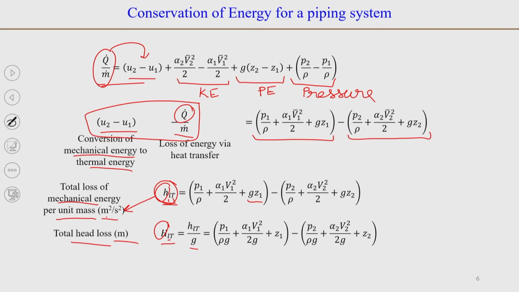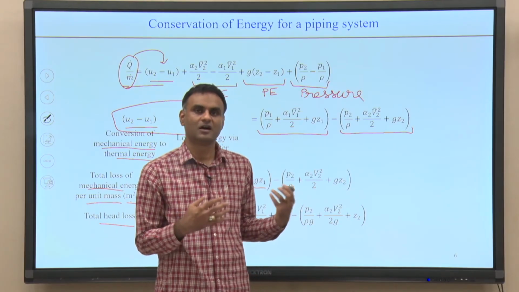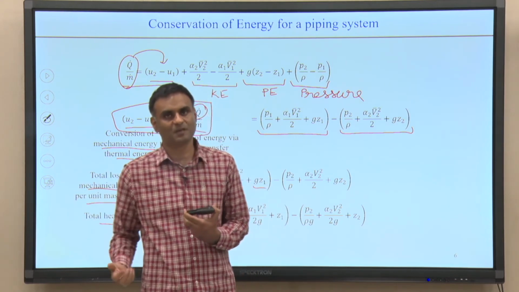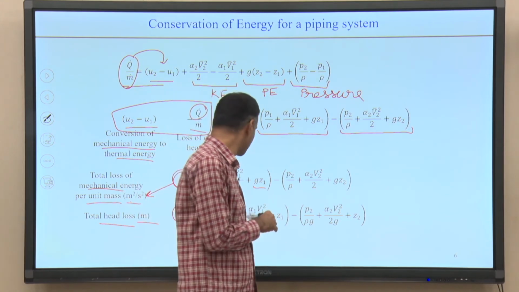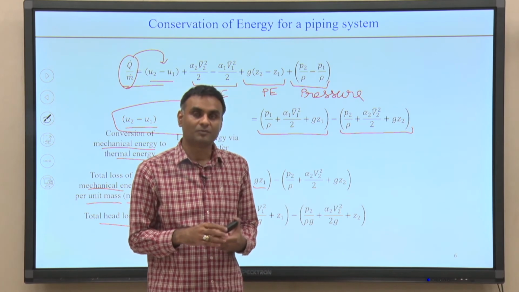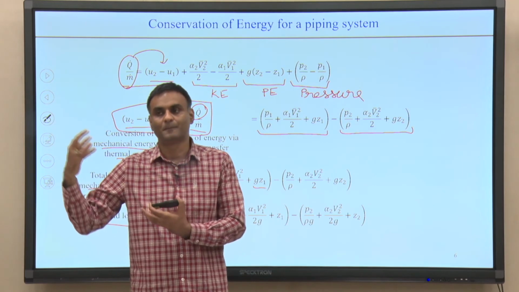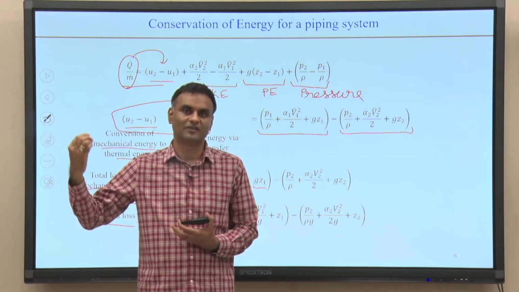So, that will be our other form. Now the question comes that if we have flow in pipes, we can use this very simple equation to find out the pressure requirements. P2 minus P1, or P1 minus P2, we can calculate, that is, how much pressure or how much head needs to be given when you use a pump.